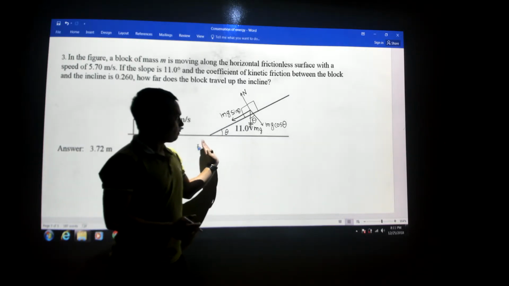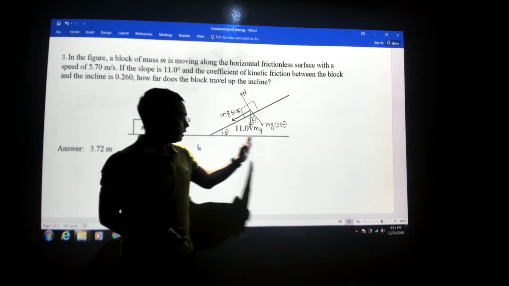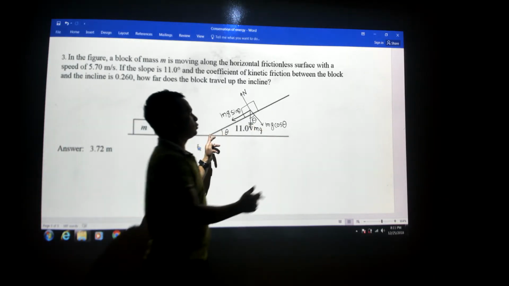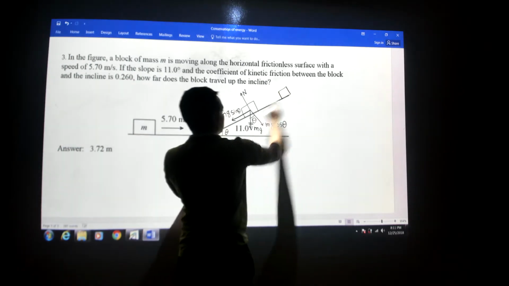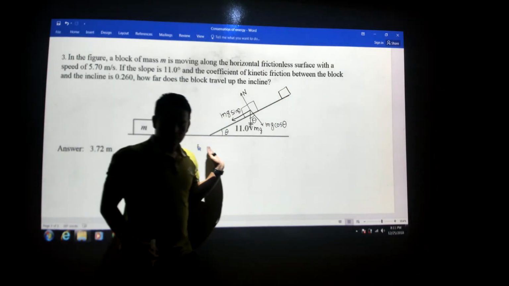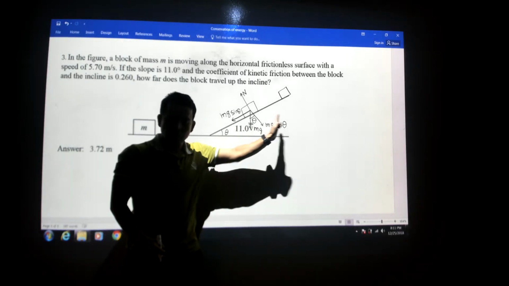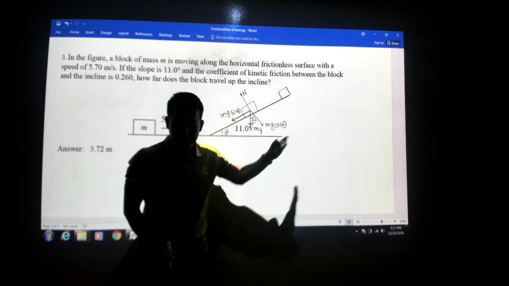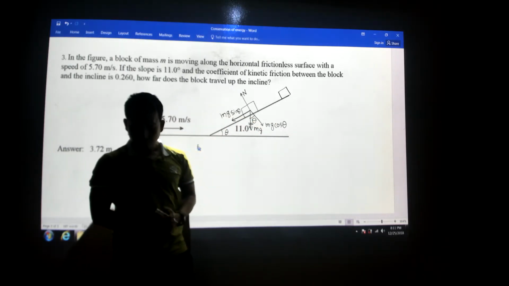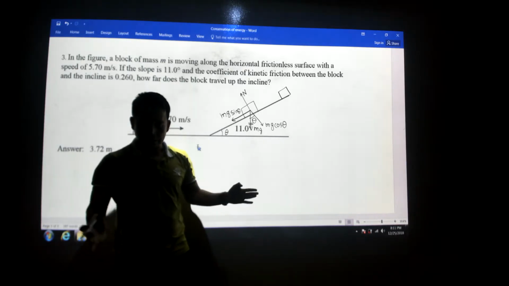Now let's say the total distance it has moved along the inclined plane is d, from this point to this point. If it has moved the total distance d, the amount of work done is equal to the force times the distance. So we just have to use the total force and the distance.